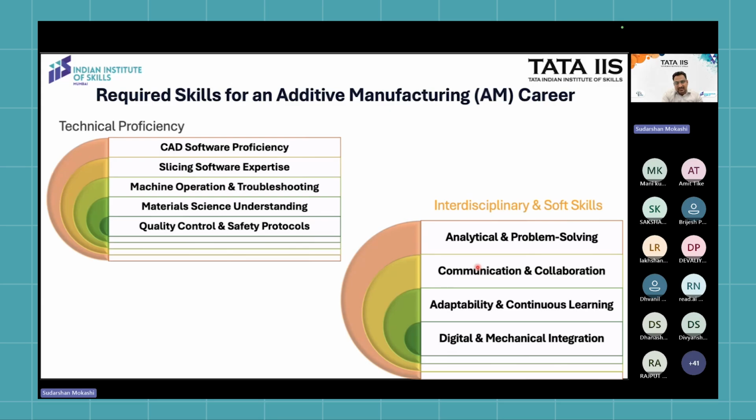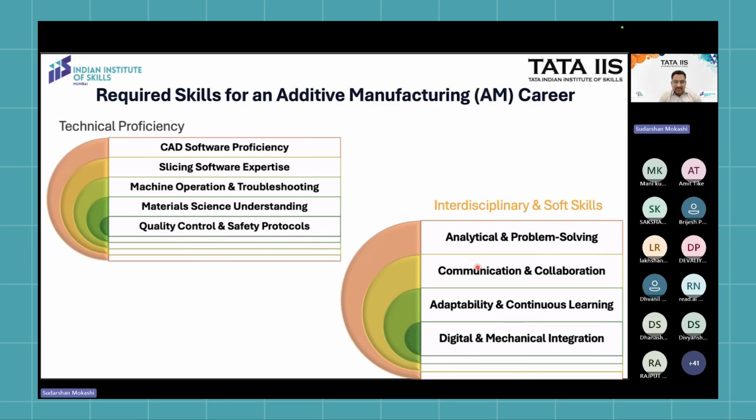For this field, we require certain skills for additive manufacturing. You have to have CAD software proficiency and slicing software, which I showed, and multiple other softwares. Cura is there, Magics is there, Netfabb. So multiple softwares are there, and you have to be expert in that software. You should get a fair idea about the machine operations and troubleshooting.